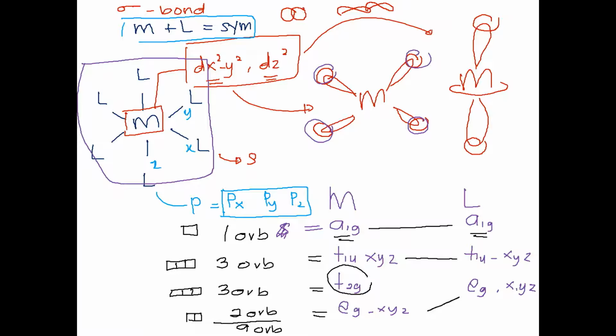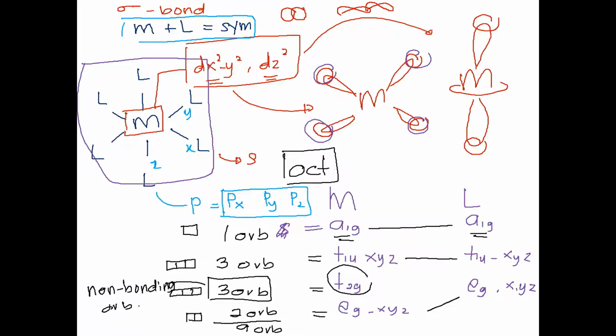So that's why for an octahedral geometry, the T2G here is termed as the non-bonding orbital. Understand? Why? Because the ligand doesn't have the T2G orbital.